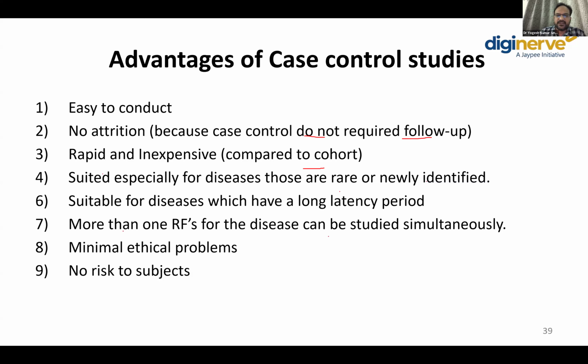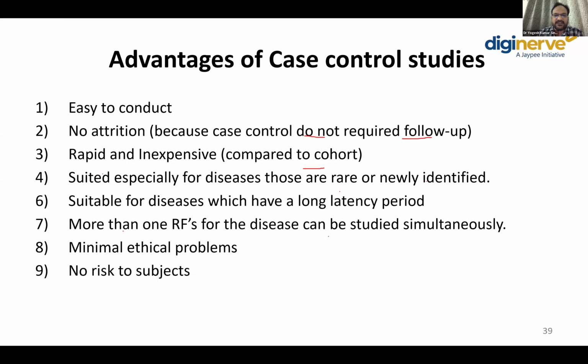And it is suited for rarely or newly identified diseases. Why? Because for a rare disease, we cannot estimate the exposure in a cohort. It is also suited for diseases which have a long latency period, because in a cohort, if a disease has a 5-year or 10-year latency, we cannot wait for such follow-up.